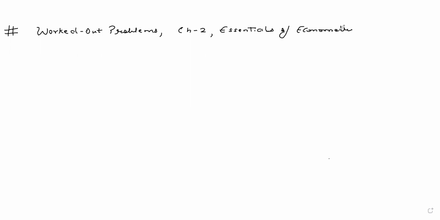So in this particular lecture, I will be discussing a few back problems, worked out problems from the book Essentials of Econometrics by Gujarati and Porter. The edition which I am referring to is the 4th edition of this book.